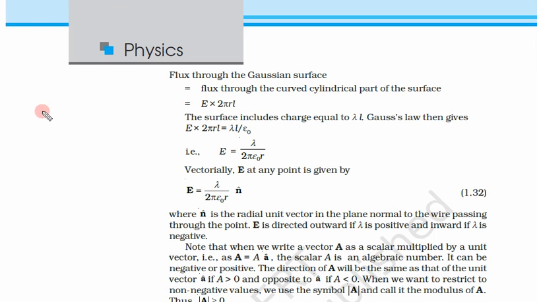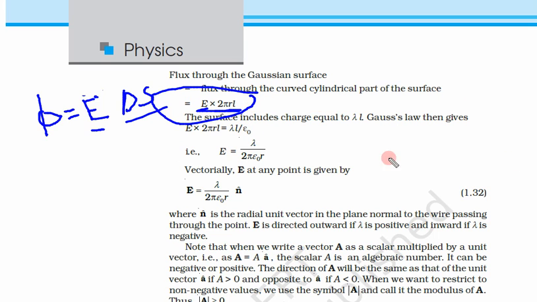Now the flux through the Gaussian surface, phi, is E dot delta S. You saw that there was no dependence on this angle, and cos theta was 1, so that was simply E delta S. Now this is E, and the surface area of the cylinder is 2 pi R L. So this is phi.